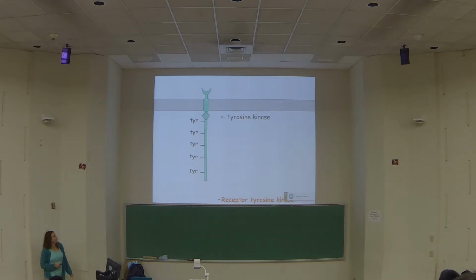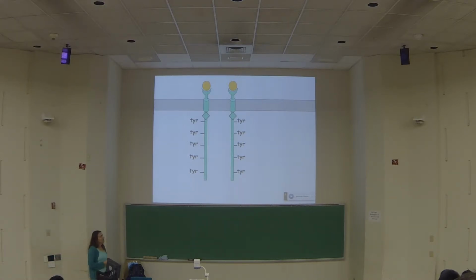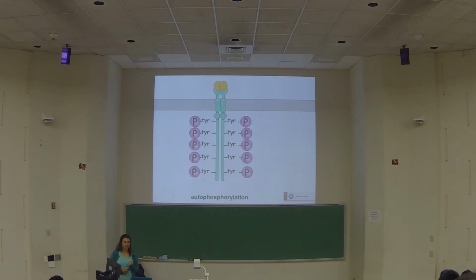When this receptor finds a ligand, these receptors tend to aggregate and then phosphorylate the tyrosines on the tails of nearby tyrosine kinase receptors.